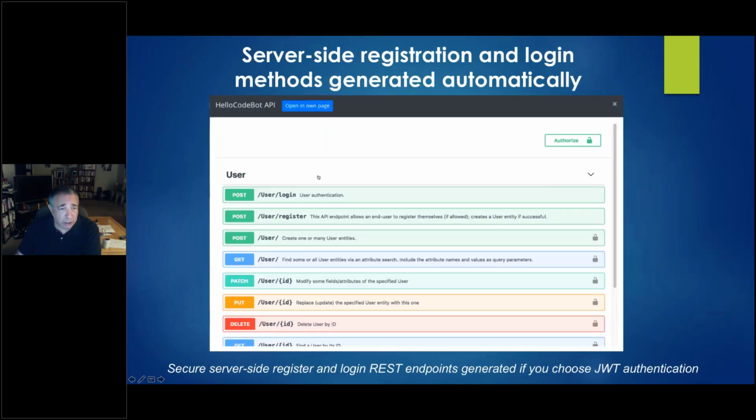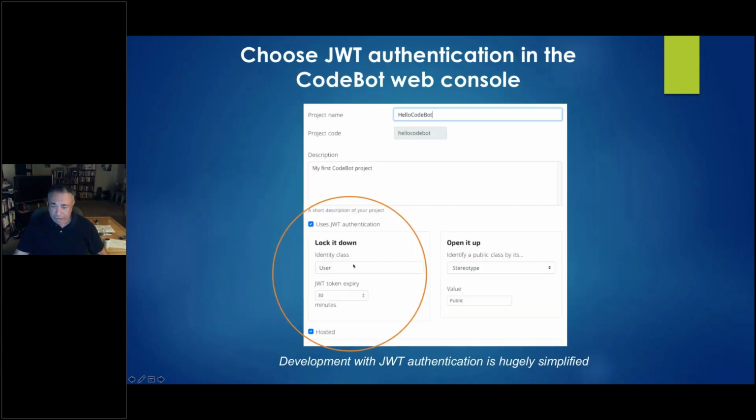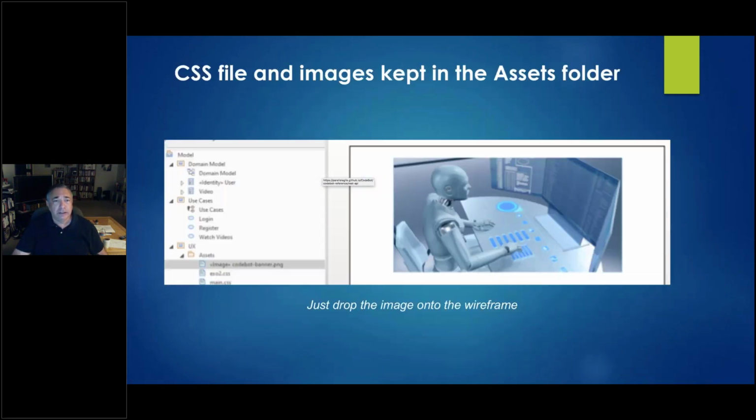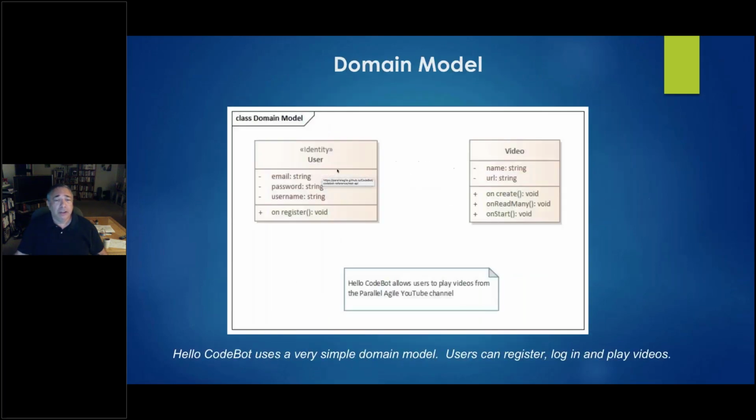So here's the REST API. So CodeBot generates API documentation as well. You can see the link to this is parallelagile.github.io. So when you stereotype a class with identity, let me go back and show that again on the domain model.